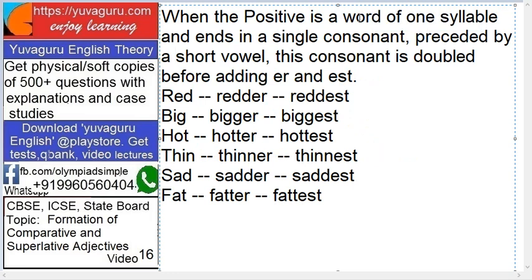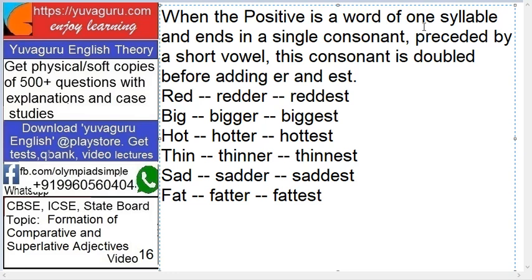When the positive is a word of one syllable, again syllable. Syllable means what? The vowel sound. Importantly remember, a vowel sound with one syllable and ends in a single consonant. Means the end should be a consonant. See this, red, R-E-D, ends in a consonant.